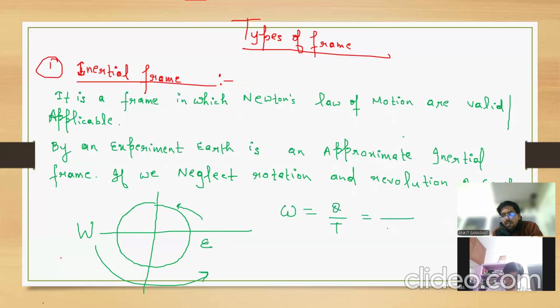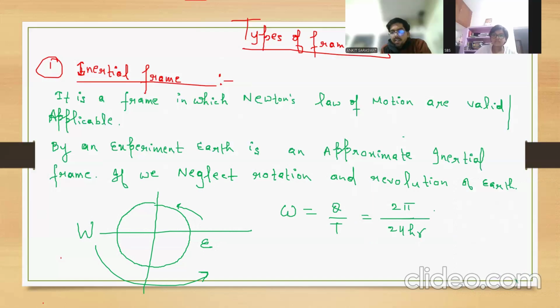In time period, how much? 24 hours. Earth is going to rotate how much? 2 pi in 24 hours, 360 degrees. Just put the value in SI. 1 hour is 60 minutes.